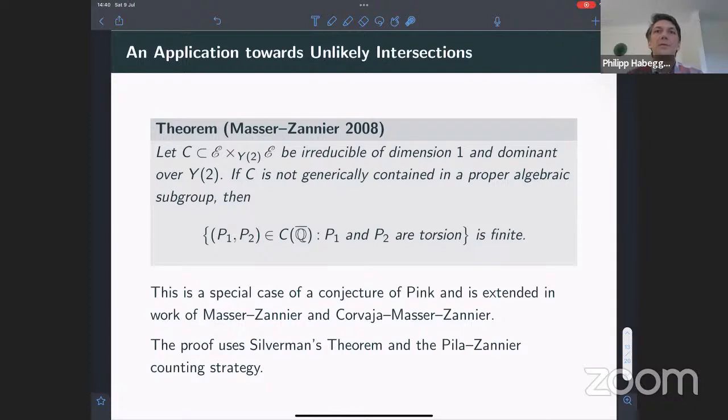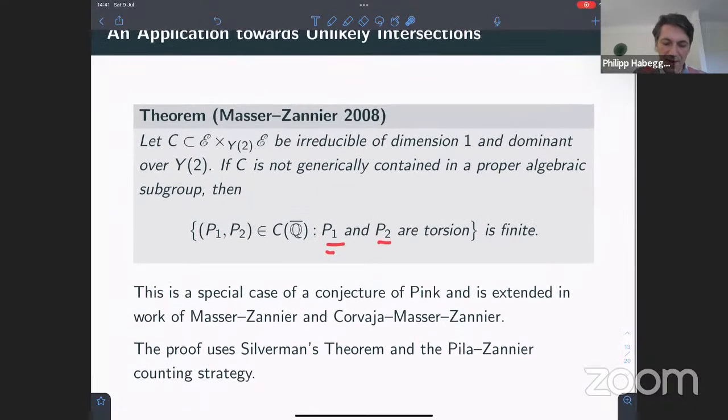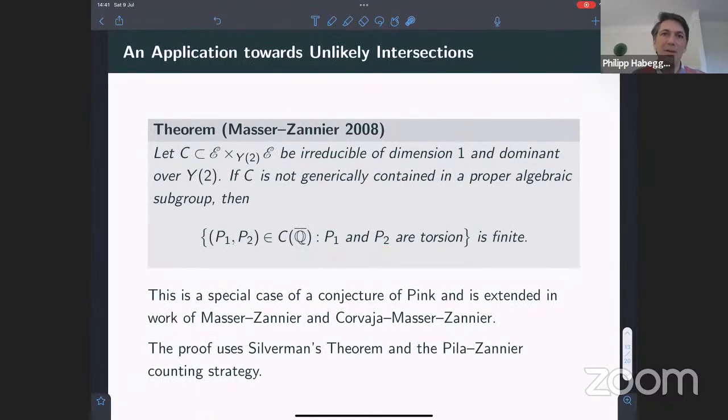a conjecture of Richard Pink, and the result here was generalized by Masser-Zannier and Corvaja and Masser-Zannier further in the last 10 years. So the proof works as follows: if they're both torsion here, then on the base, the parameter has bounded height by Silverman's theorem.